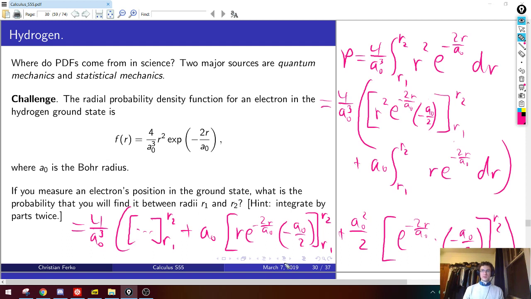Let's just look at what the structure looks like. The first bracketed term is basically r squared times the e thing times an a0 with some number. So this guy has 2 powers of r, 1 power of a0. The second guy has 2 powers of a0, 1 power of r times the same exponential. The third guy has 3 powers of a0 and no powers of r. And they're all with some numbers, right?